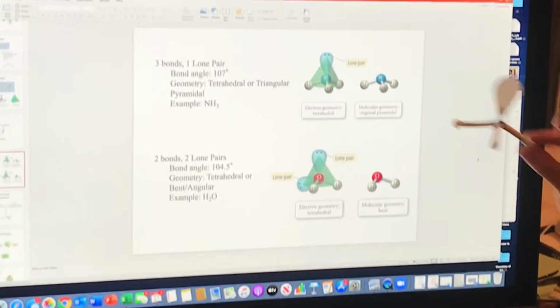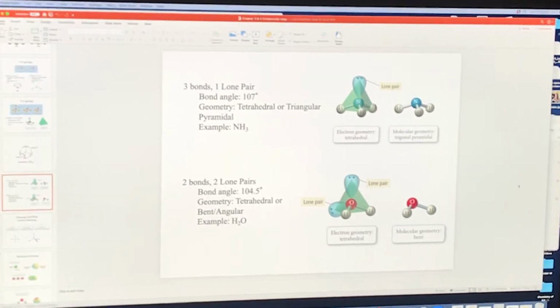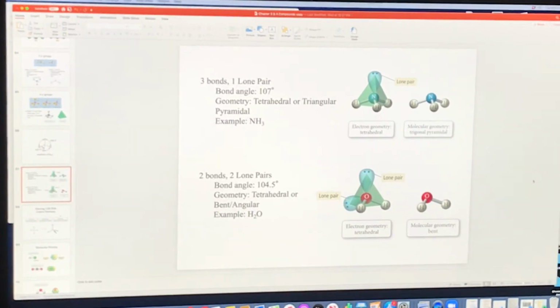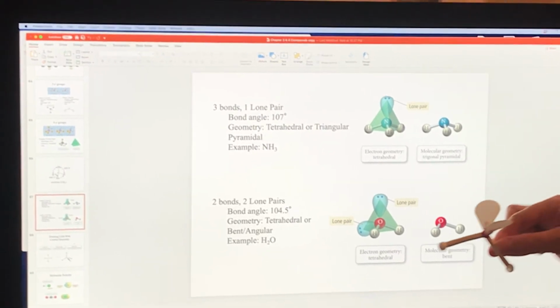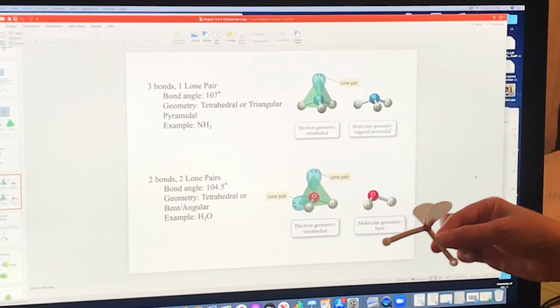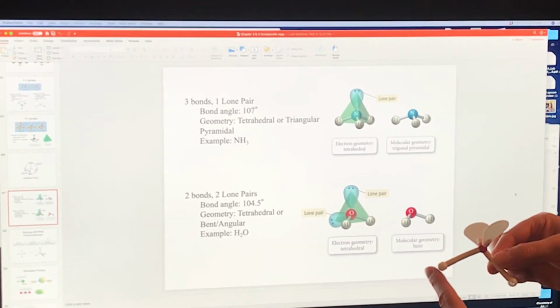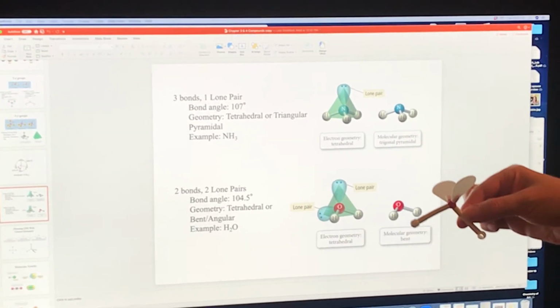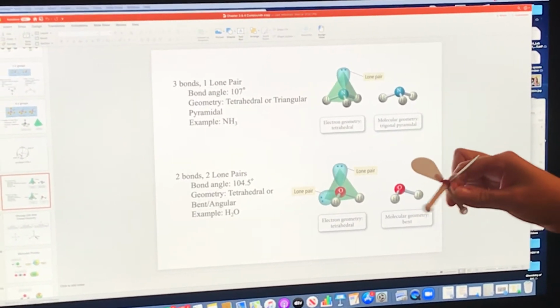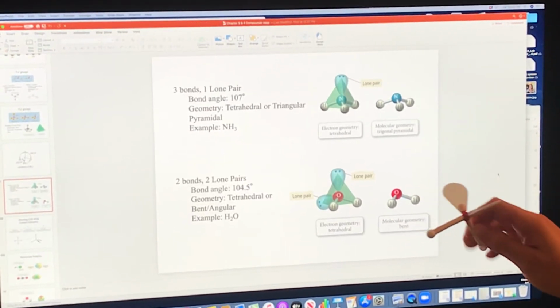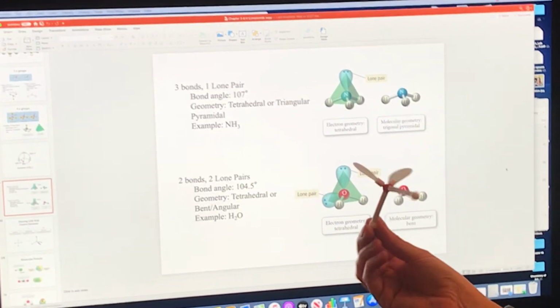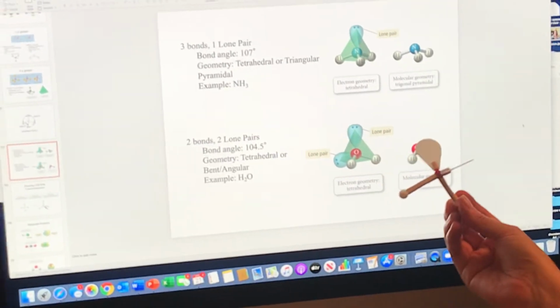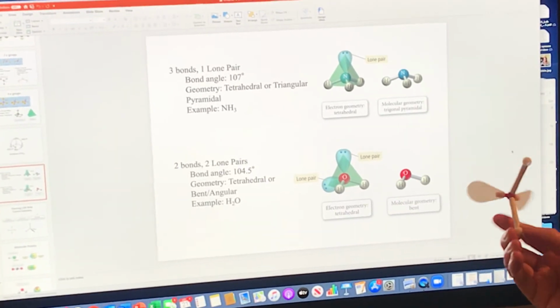Now, if you have a central atom that is bonded to 2 things, so this is water, oxygen, and then 2 hydrogens, H2O, and it has 2 lone pairs. If we were looking at electron pair geometry, again, you would see that system in 1A.